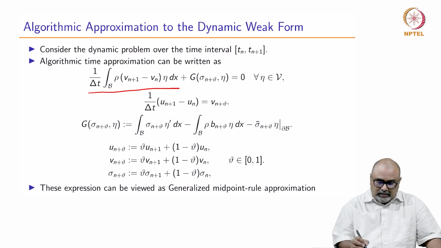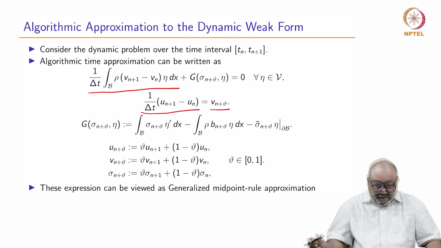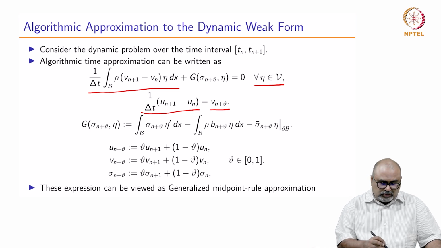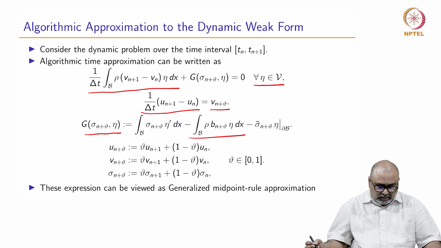This is essentially the acceleration, where v is (u_{n+1} minus u_n) by delta t, for all values of eta belonging to that admissible space of functions V. So, the functional can now be written in terms of g of sigma_{n+ψ}, eta, which will include this inertia term unlike the previous case.